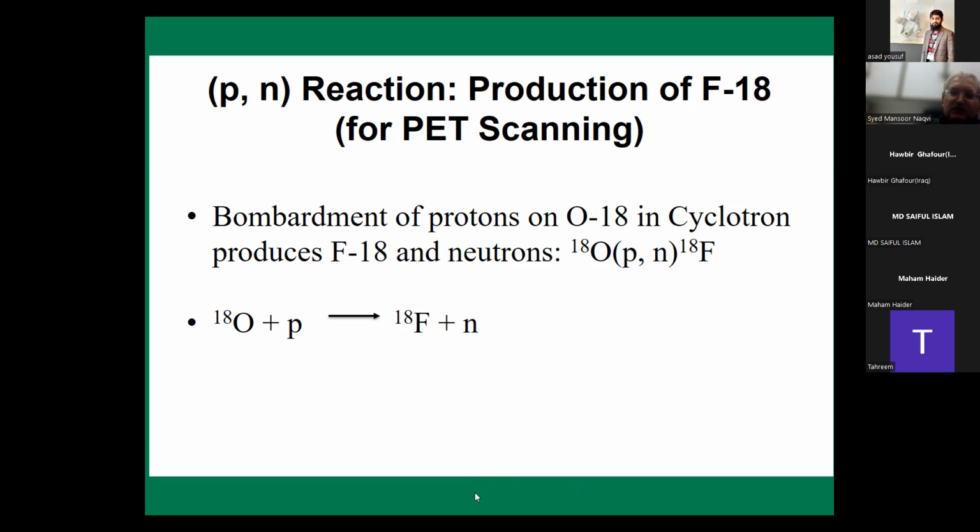Those hydrogen nuclei are accelerated in the cyclotron, and they are bombarded on the oxygen 18 nuclides, and that reaction produces fluorine 18 and neutron. And due to this production of neutrons, which are generally thermal neutrons, the radiation safety of cyclotron includes taking care of neutron flux as well.